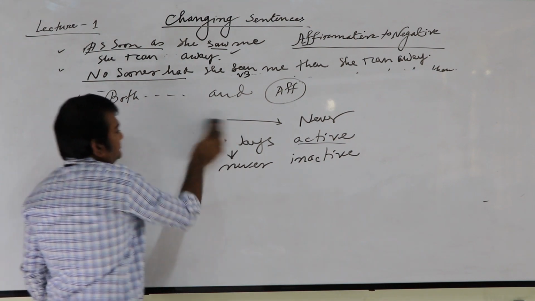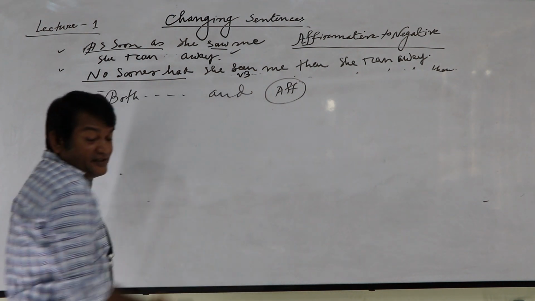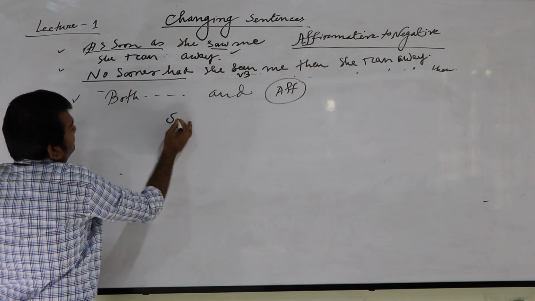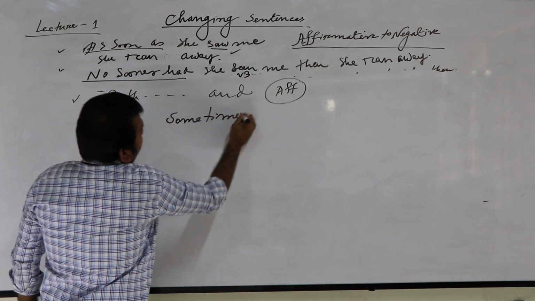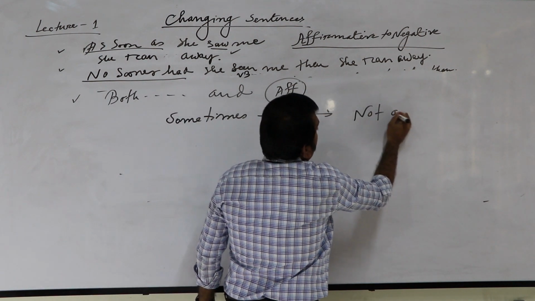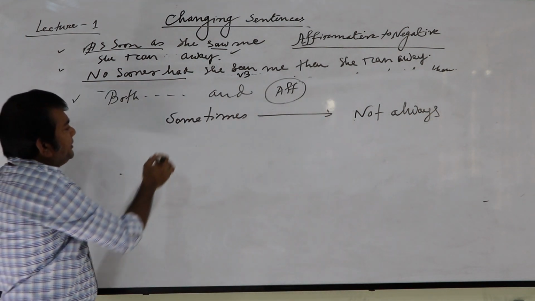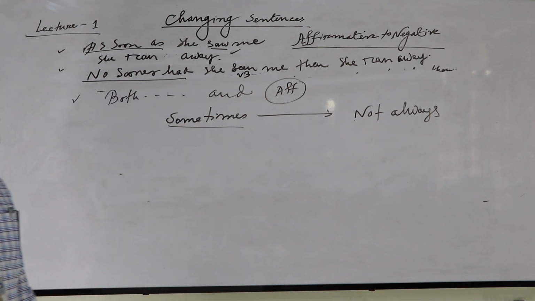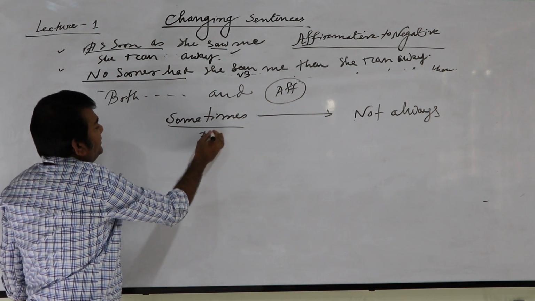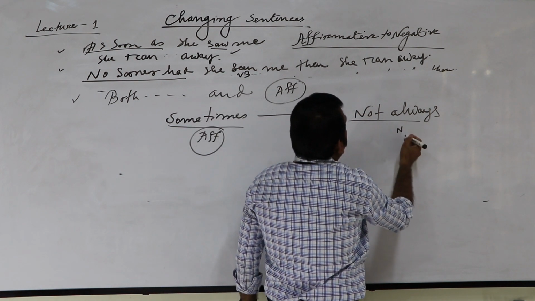Then another rule, and it is very small and very easy to use and bear in mind. If there is sometimes, we will use not always, mind it. What does sometime mean? Sometimes. This is a time adverb. So if an affirmative sentence has sometime, then to make it negative we must use not always.